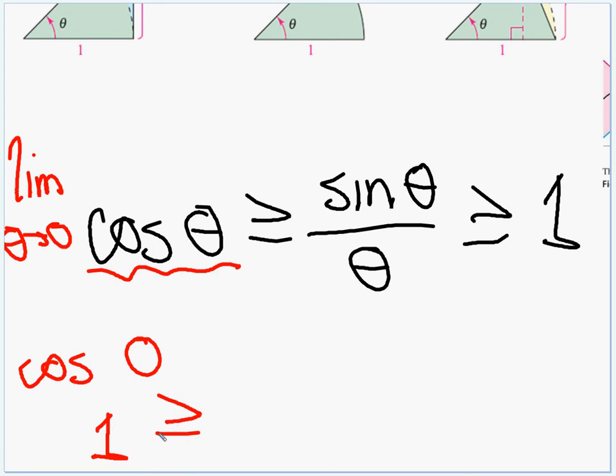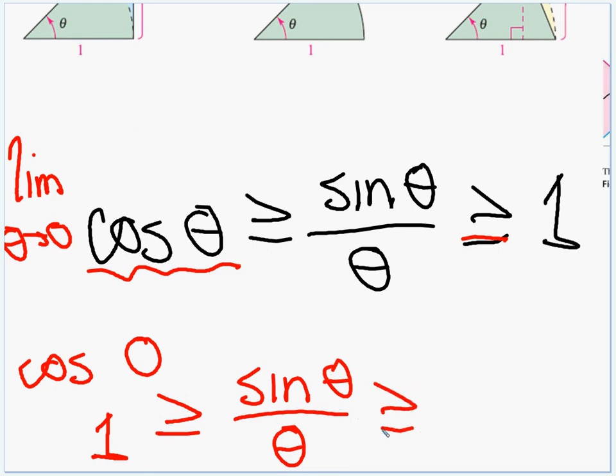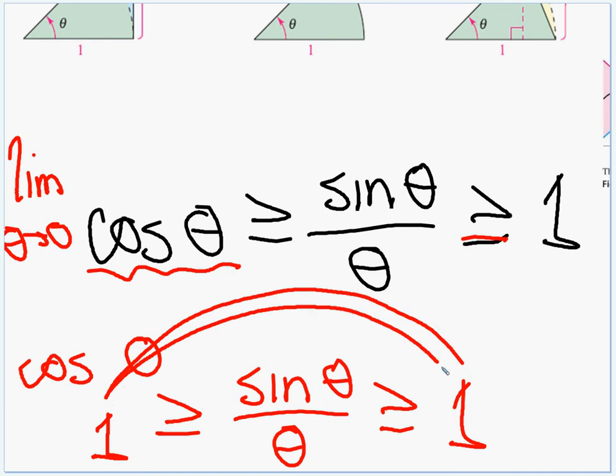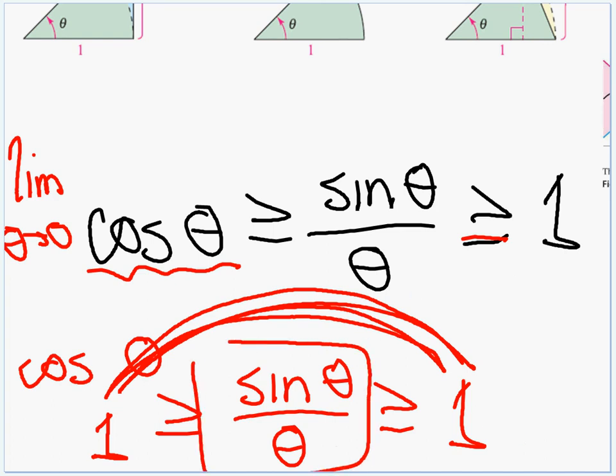That's greater than or equal to, let's leave this as sine theta over theta. And at the end, we still have greater than or equal to 1. So if 1 is greater than or equal to sine theta over theta, which is still greater than or equal to 1, we've gotten sandwiched in between. We've got squeezed in between. Since this is 1, equal to this, equal to 1, sine of theta over theta also has to equal 1.